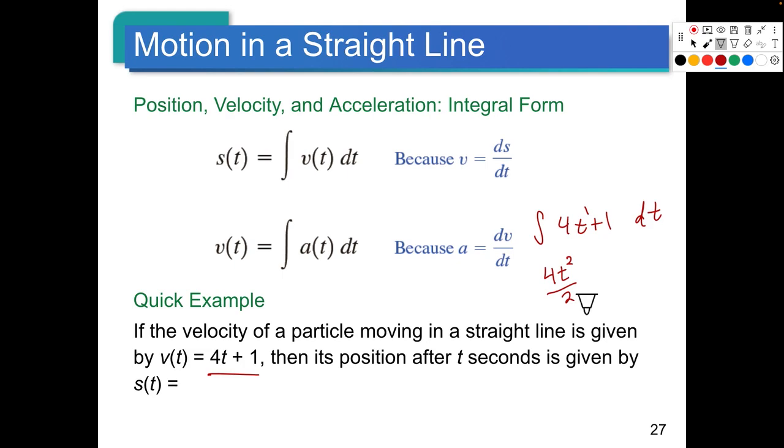As you start going, you'll just mentally do the addition: 1 plus 1 is 2, divided by 2. And remember, when you integrate a number, you get that times x. So it's 1 times x, or t in this case, and then we get a constant. So s of t equals 2t squared plus t plus a constant.